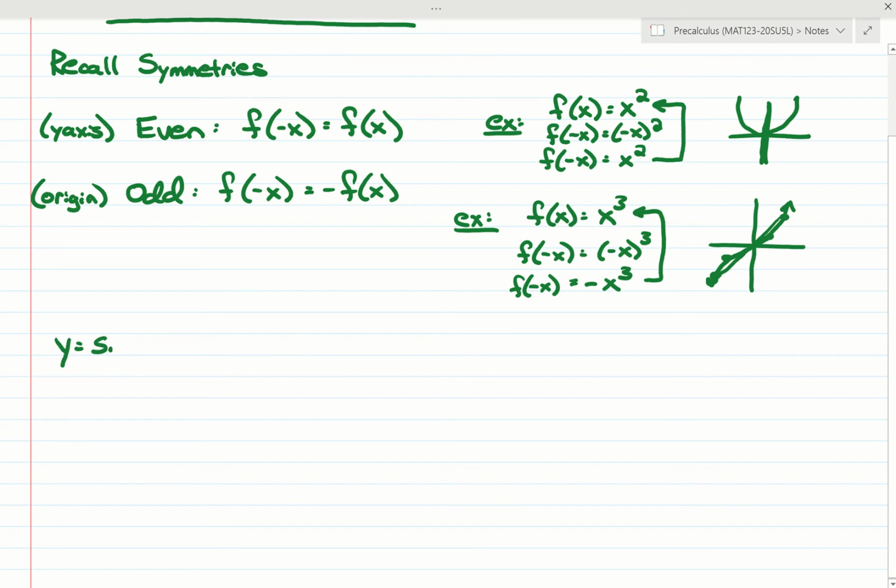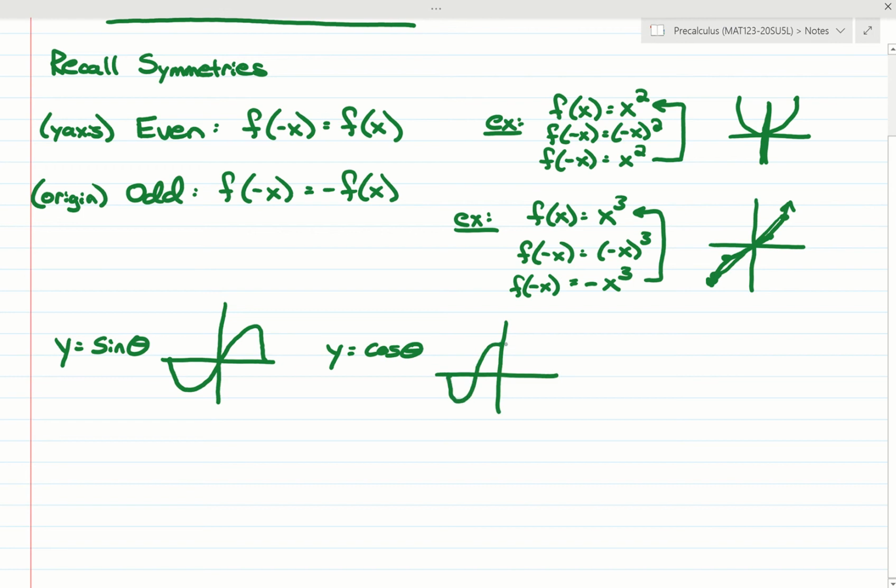Y is equal to the sine of theta looked like this. Y is equal to the cosine of theta looked like this. Y is equal to the tangent of theta looked like this.